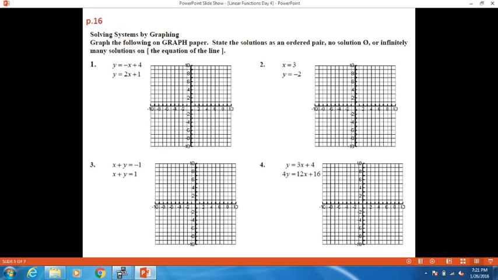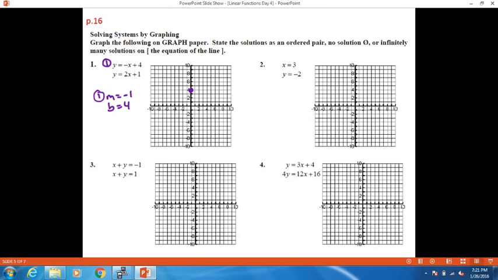For my first equation, we're going to have our line drawn in purple, and we can see that we're in slope-intercept form: y equals negative x plus 4. We have a slope of negative 1 with a y-intercept at 4. So we're going to start by plotting our point at (0, 4).